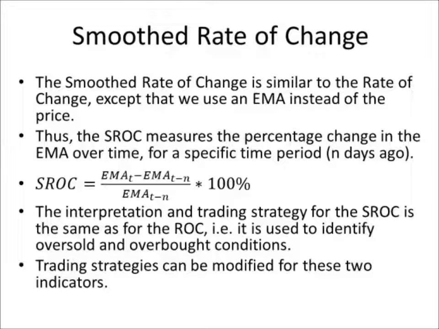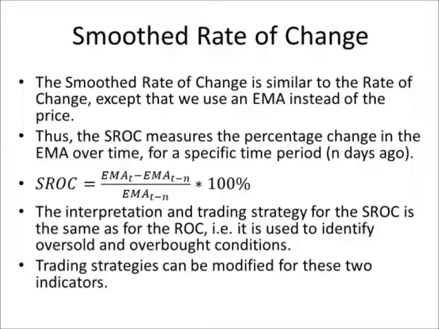So we're calculating the rate of change on something that is trying to determine the trend. If we feel that the EMA does a better job of telling us the trend than the actual price itself, because, for example, it is smoother and doesn't have that many distortions, then the smooth rate of change can provide an advantage over the normal rate of change.